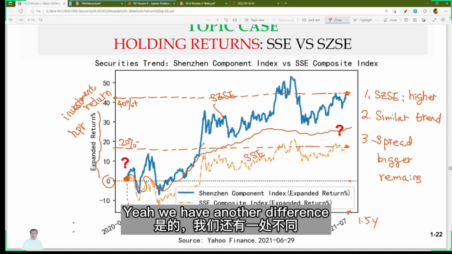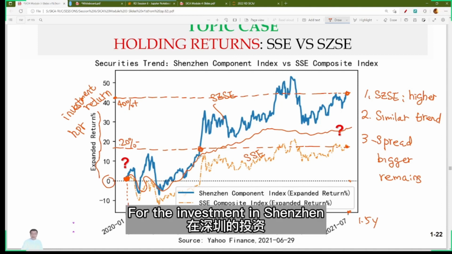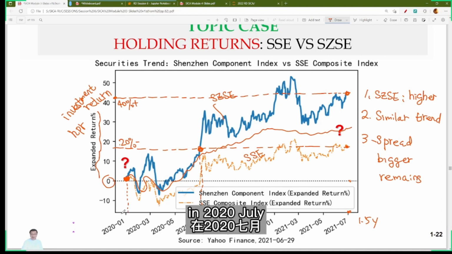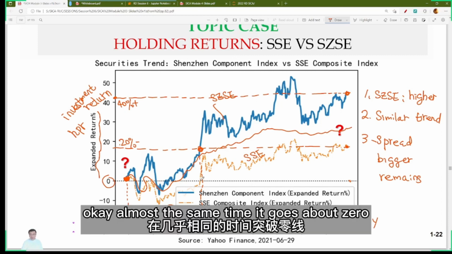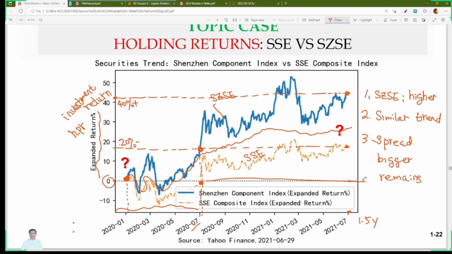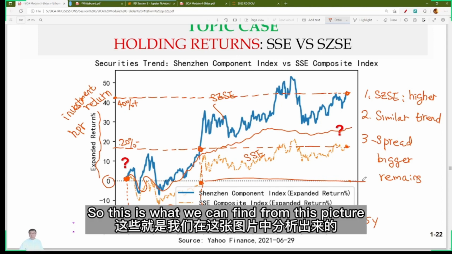Yeah, we have another difference. For the investment in Shenzhen, it goes above zero after half a year, in July 2020. And the investment in Shanghai, okay, goes above zero at almost the same time. This is the zero line. So this is what we can find from this picture.